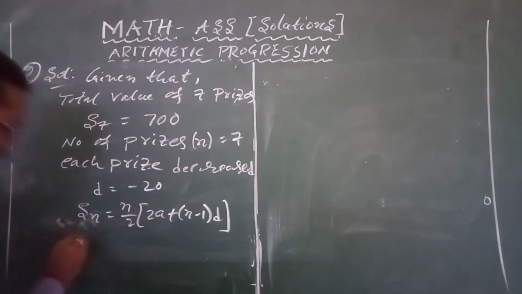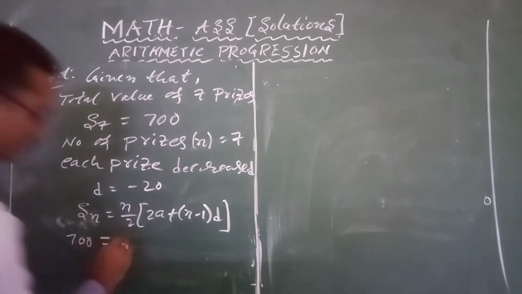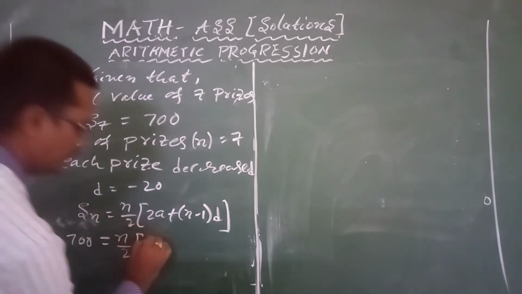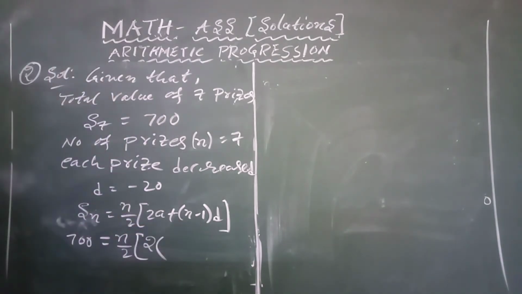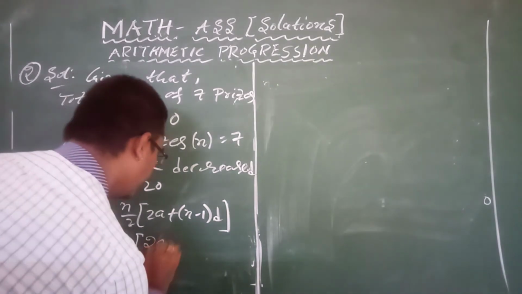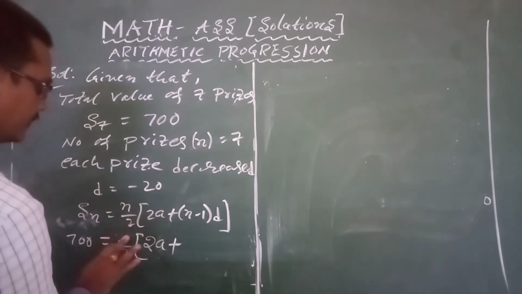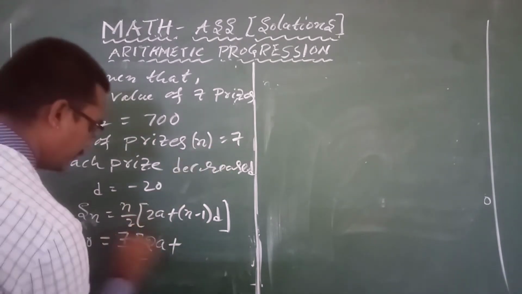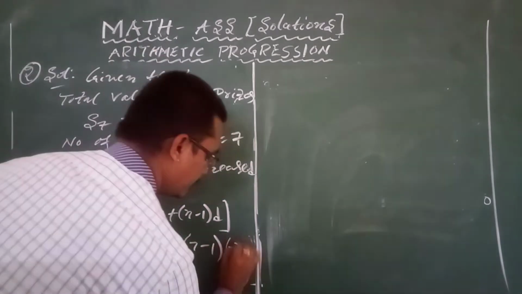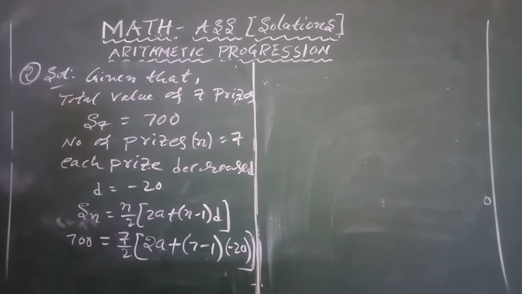Now substitute the values. 700 is equal to n by 2 of 2a, where a is the starting prize value, which is not known. The number of prizes is 7, so 7 by 2 of 2a plus 7 minus 1 of minus 20. Simplify and we will get the result.